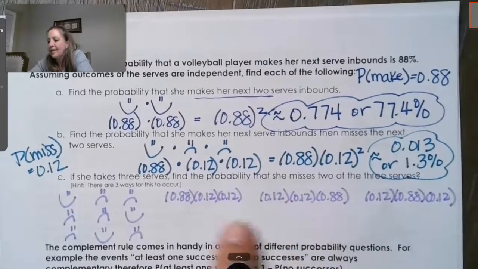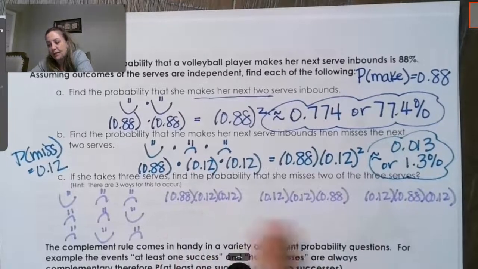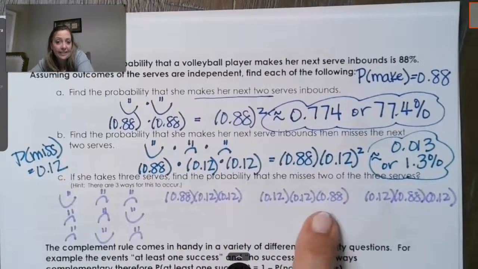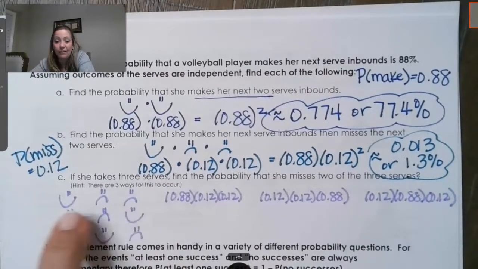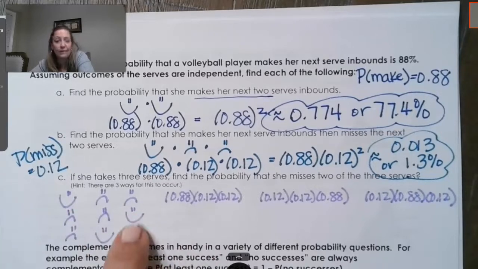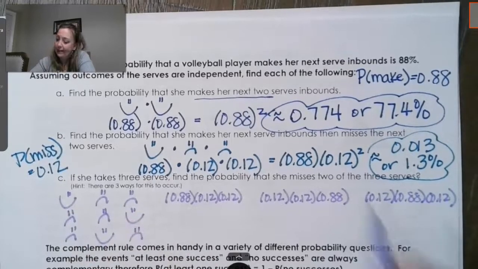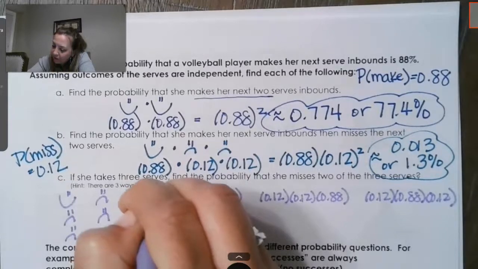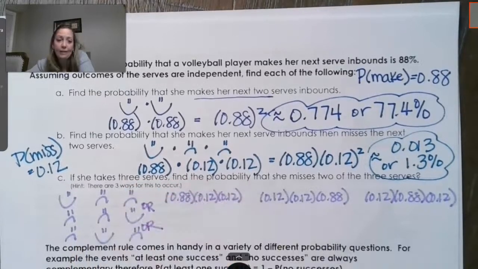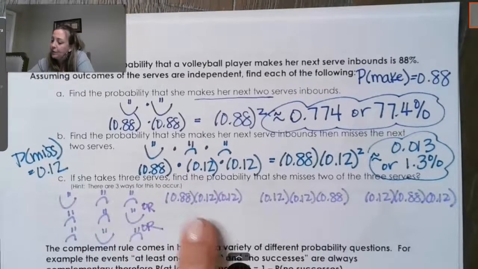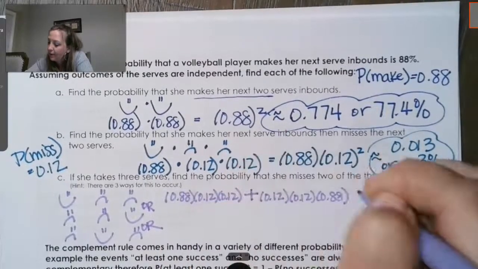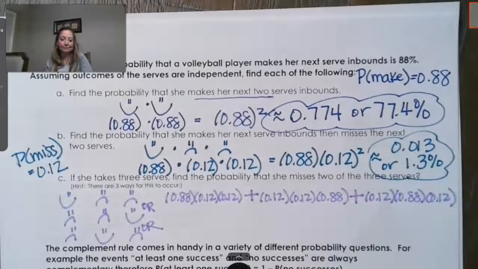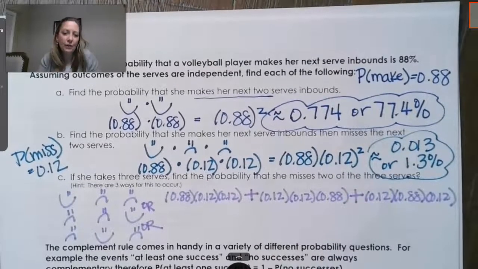Now, could all of these happen at the same time? No. She's either going to make the first one, or make the third one, or make the second one. So there is an or between those possibilities, which means that we want to add.